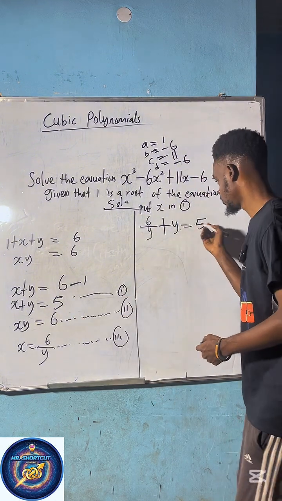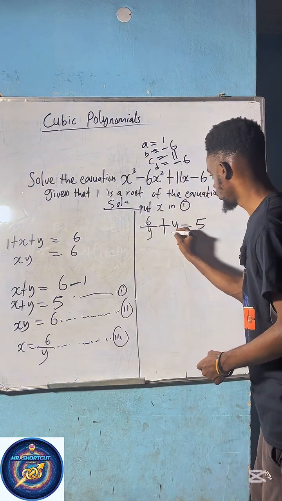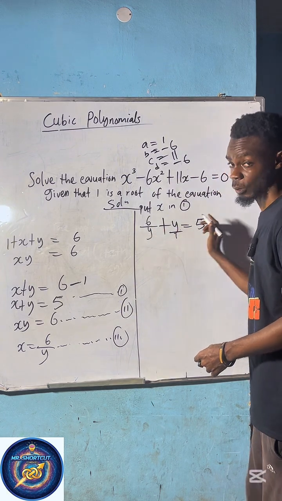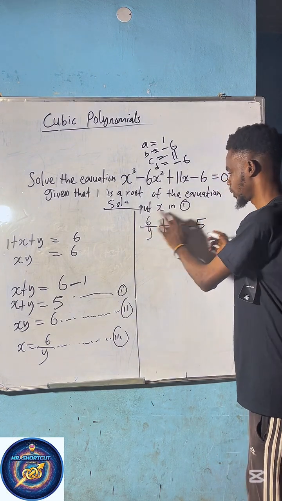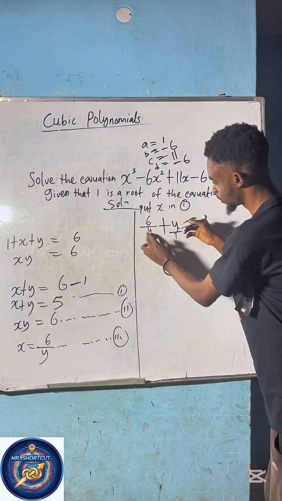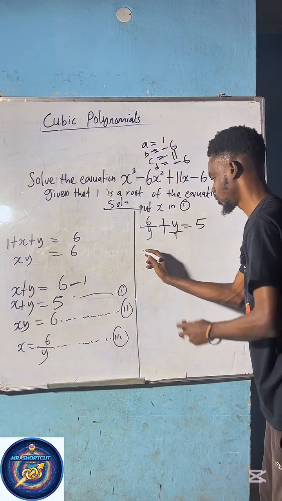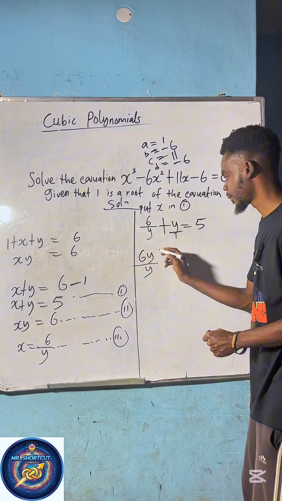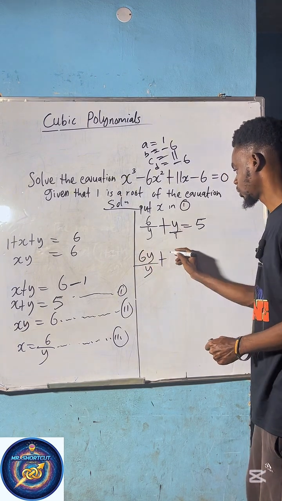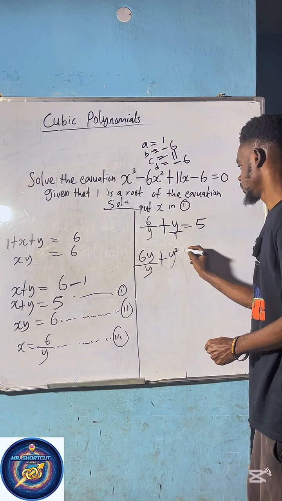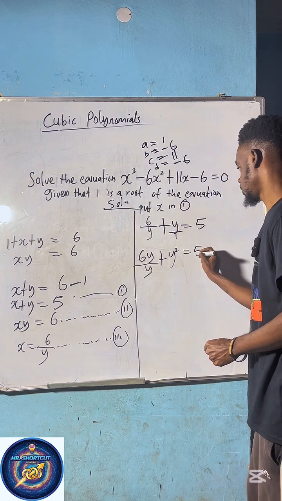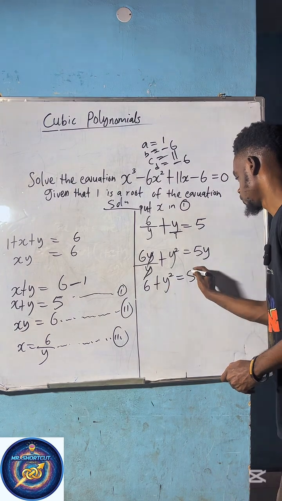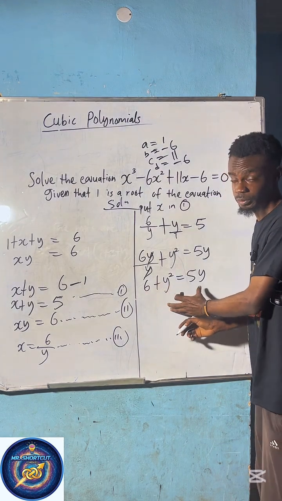So let's find the value of y. Y also means y all over 1, so we multiply through by y. Since y is the denominator, we multiply everything by y. So we have 6y over y, which is 6, plus y times y, which is y squared, equal to 5y. Now let's solve this quadratic expression.